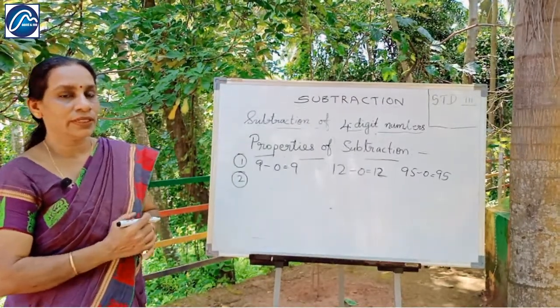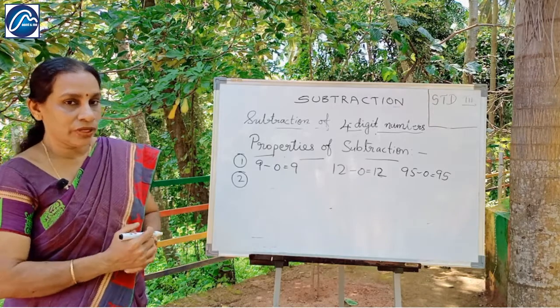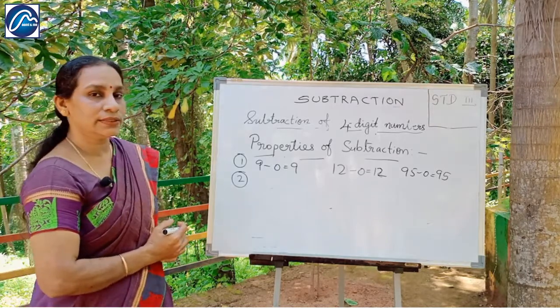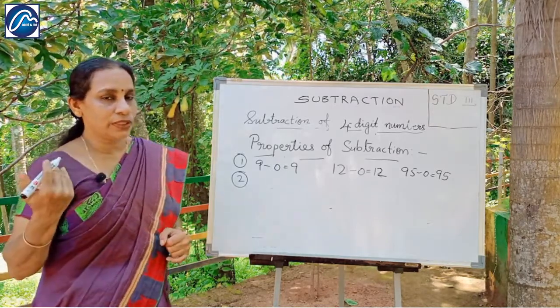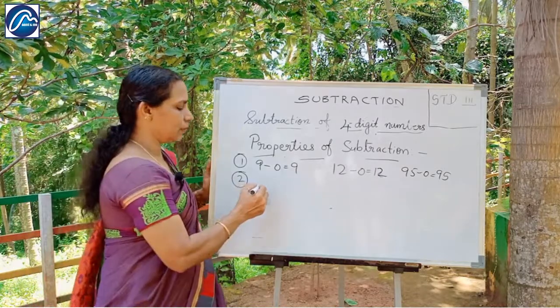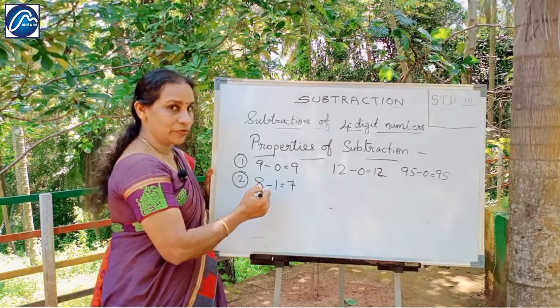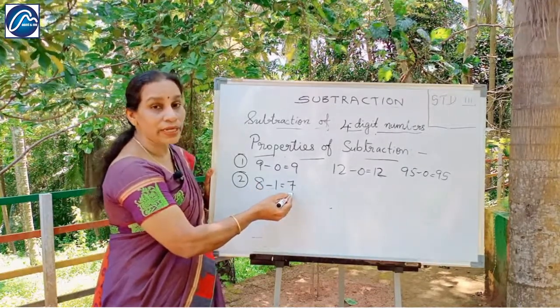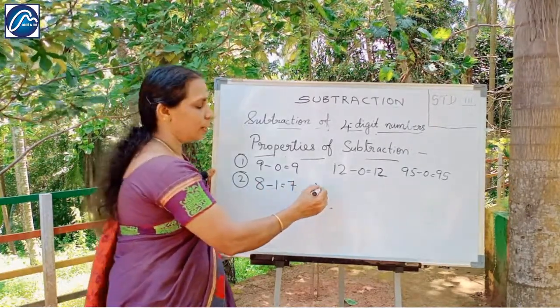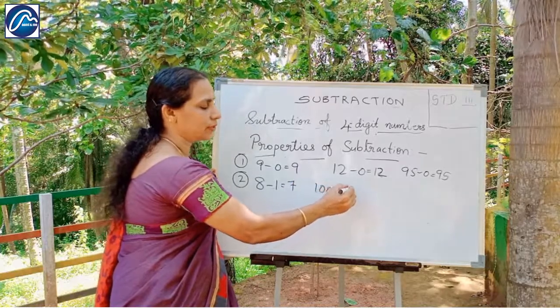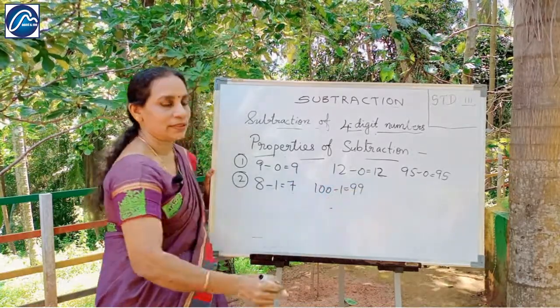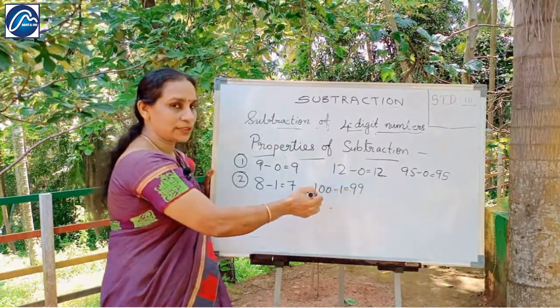When you are subtracting 1 from a number, you will get the answer just before the number. For example, 8 minus 1, 7. 7 is just before 8. This is called the predecessor. 100 minus 1, 99. 99 is the predecessor of 100.